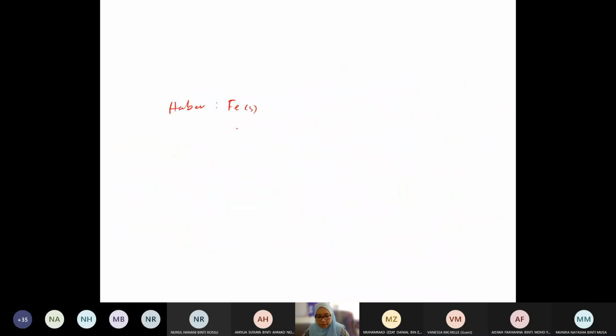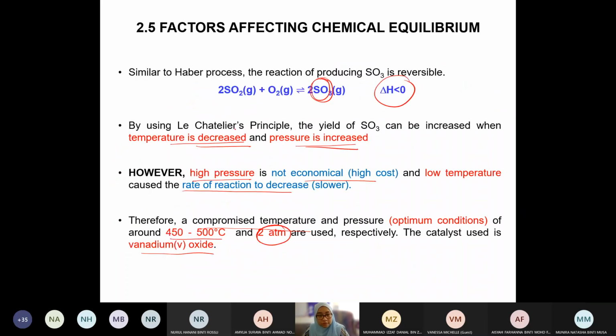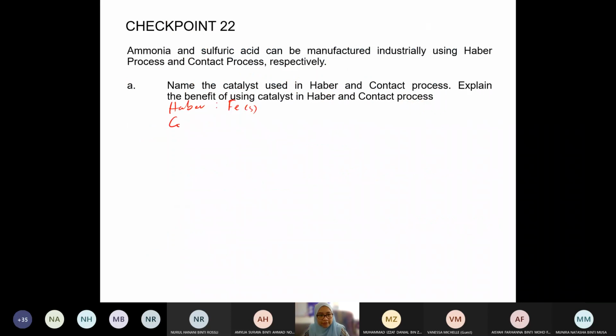Okay, alright. So how about what's the catalyst used in contact process, guys? Vanadium dioxide. Vanadium 5 oxide.